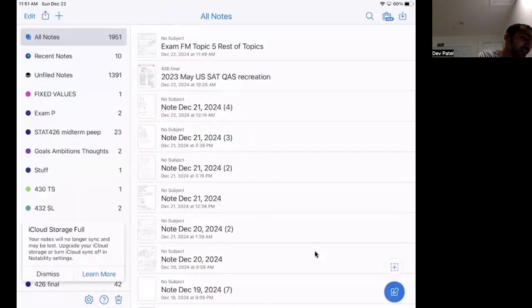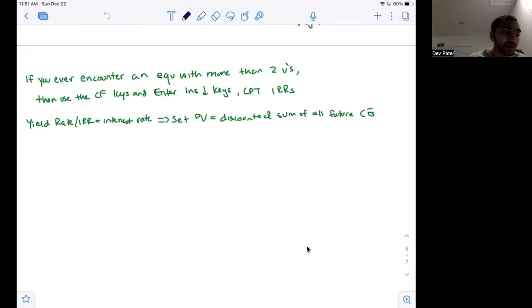And then another concept is if you ever encounter an equation with more than two v's, so if you have v squared or v, you could use the cash flow keys, but you should remember to only use them if you are certain that there will only be one viable solution.